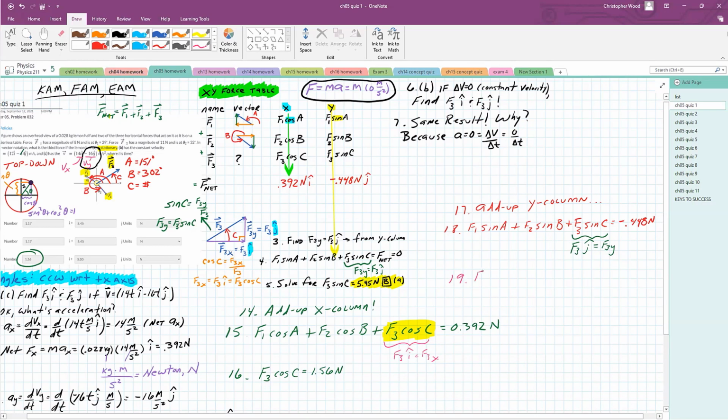Okay, so F3 sine of C equals negative 0.448 minus 8 times sine of A minus F2, which is 11 times sine of B, or 5 exactly, almost exactly 5, very close to 5, equals 5 newtons J hat. And that is also the answer to part C.